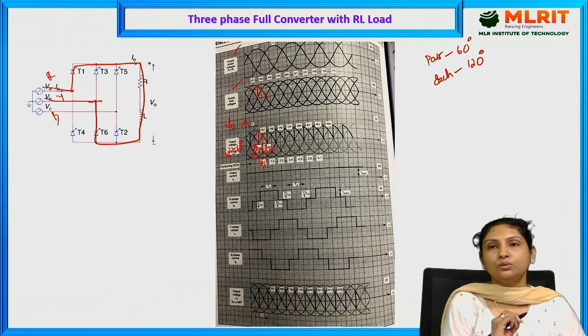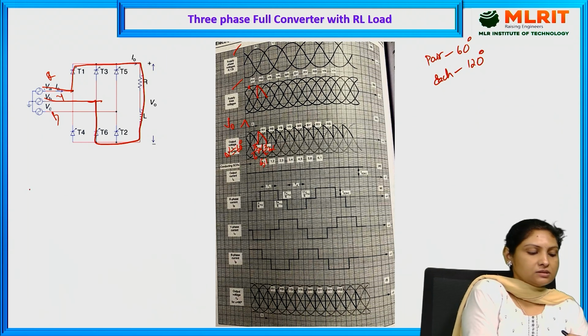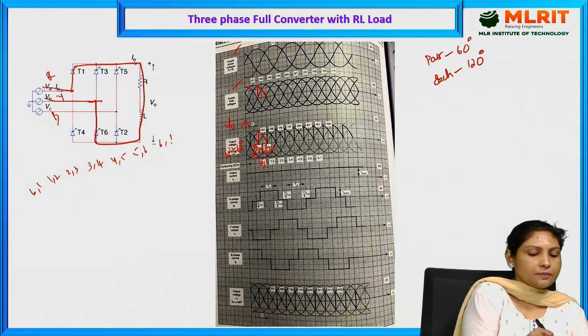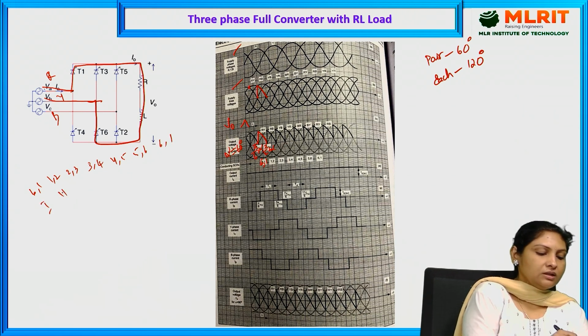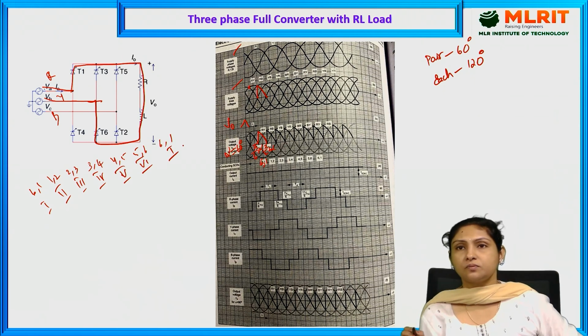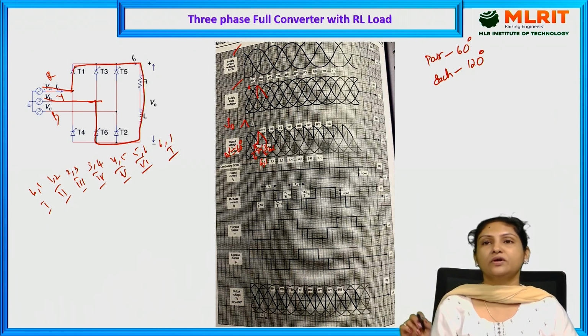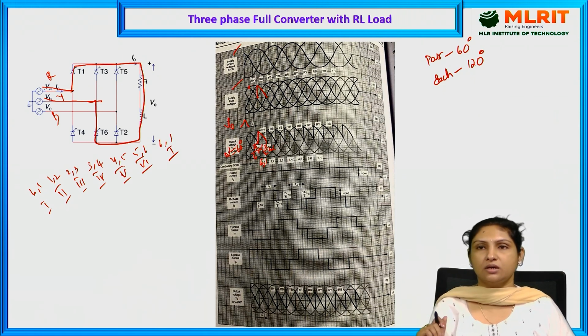As I told you, the sequence is 6-1, 1-2, 2-3, 3-4, 4-5, 5-6, and then the 6-1 cycle repeats. This is the first interval, second, third, fourth, fifth and sixth interval, and again the first interval repeats. So this is the sequence in which the devices conduct.